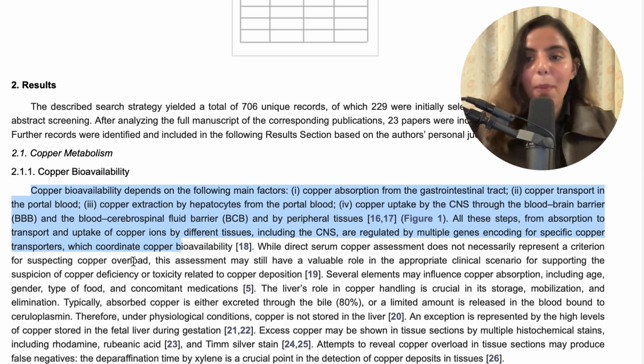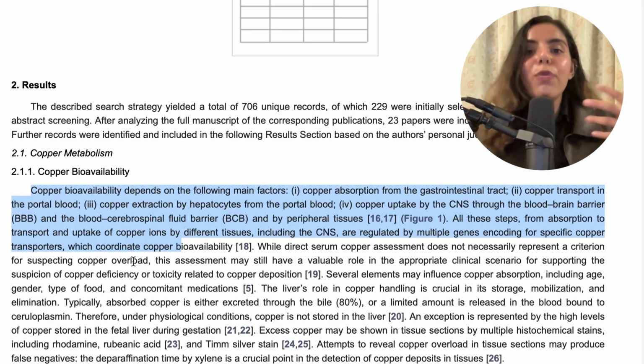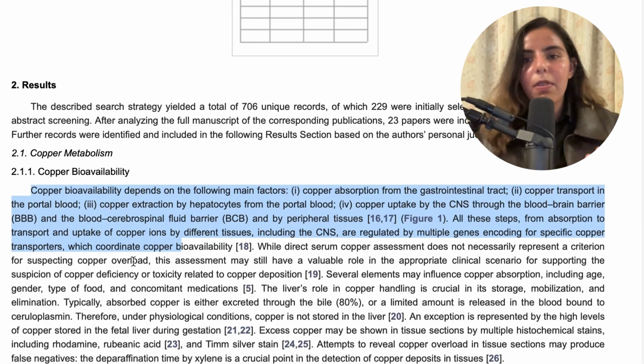Next, it states copper transport in portal blood. So hey, if you are blood deficient, if you're having anemia, if you have a history of intracellular iron deficiency or functional iron deficiency, I have just made a last video about this, you must go check it out. So if you're talking about any kind of hit into the transporters, any blood deficiency, which is very common in women.